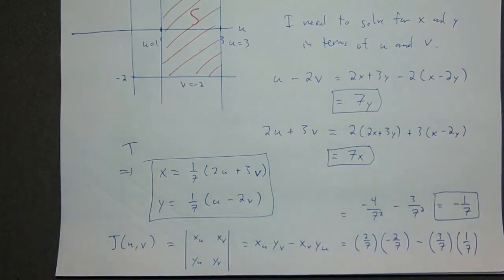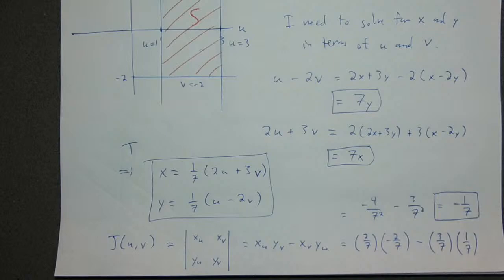And so we got an answer for when we computed our Jacobian. We got something that's always negative, so we're going to have to remember when we put it in underneath the integral for the change of variables formula that we're taking the absolute value of this thing instead. Okay, but now we have everything set up.